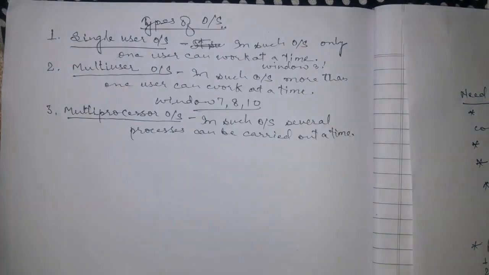For example, suppose you are running Calculator on the computer, and at the same time you are running Windows Media Player, and at the same time you are running Microsoft Word. So you are running different applications at the same time, and the computer is able to control all these processes.